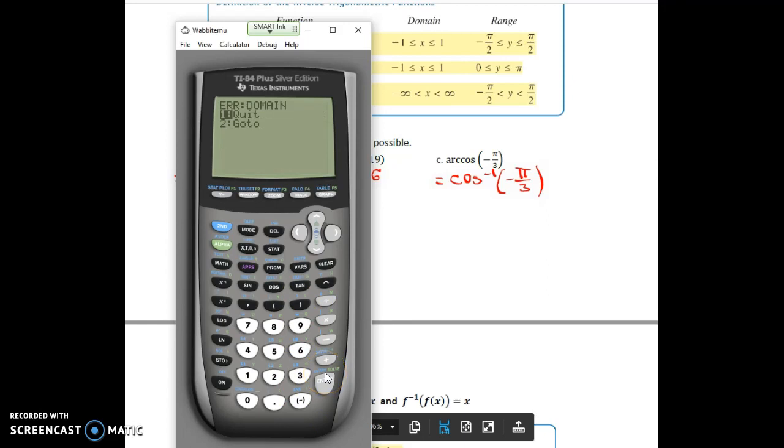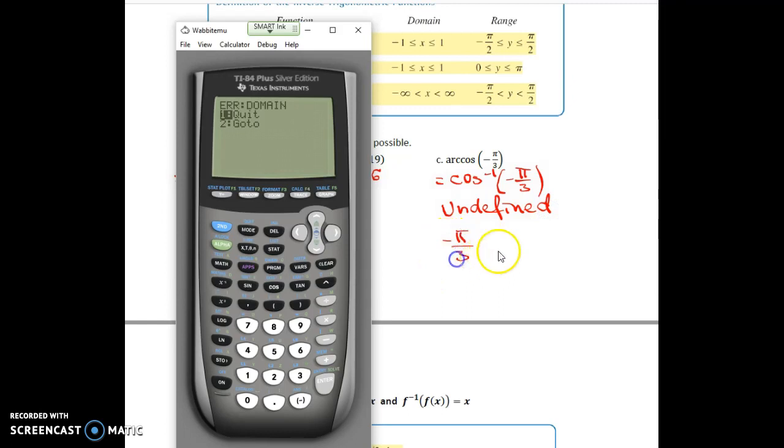Oh, wait a minute. That gives us an error. And it says that the error is in domain. This means that the cosine inverse of negative pi over 3 is undefined. And the reason for that is negative pi over 3 is really like negative 3.14 divided by 3.